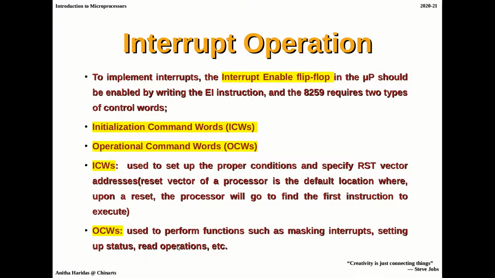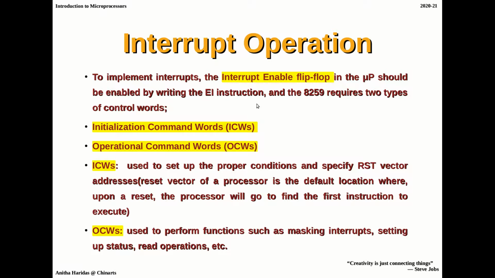So if the interrupt operation is to be implemented in the microprocessor, the first thing we have to do, inside the microprocessor, is give the interrupt enable instruction so that the flip-flop is enabled. This is step 1.